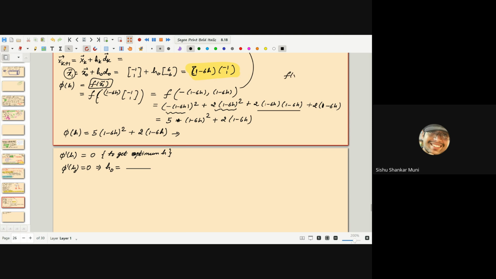We want f of x1 to be less than f of x0, it cannot be greater. We want f of x2 less than f of x1 also, and so on. So phi of h is a function of h now. Which value of h will you take so that phi of h, or f of x1, is minimum? Can you set the derivative to 0 and tell me the value of h?